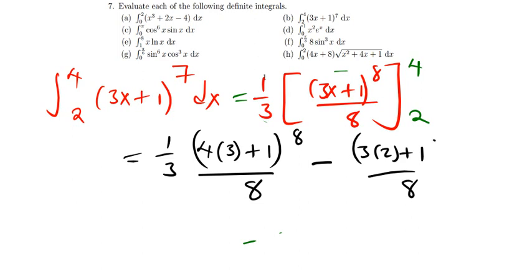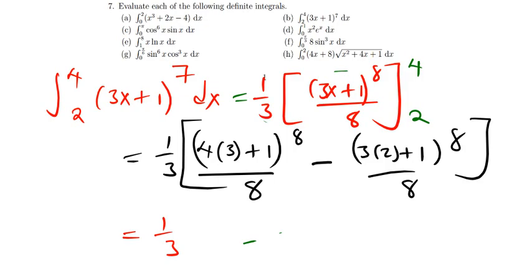This is all raised to the power 8 again. Okay, so the first one is going to be 13, right? If you check properly in the brackets there, 4 times 3 is 12 plus 1, 13. So 13 to the power 8 over 8. Let me write that properly.